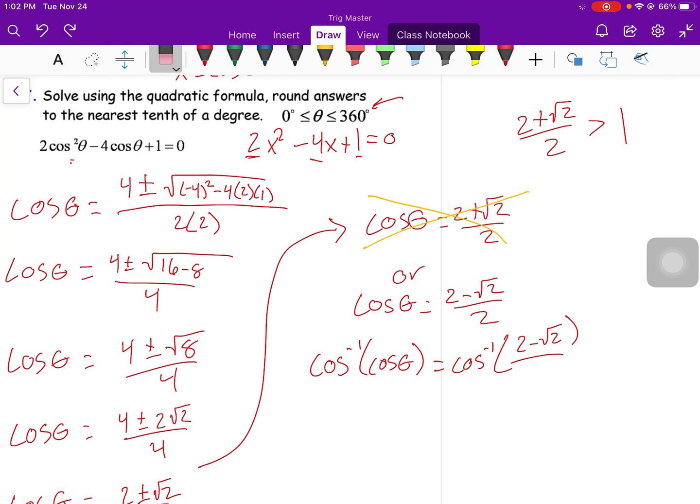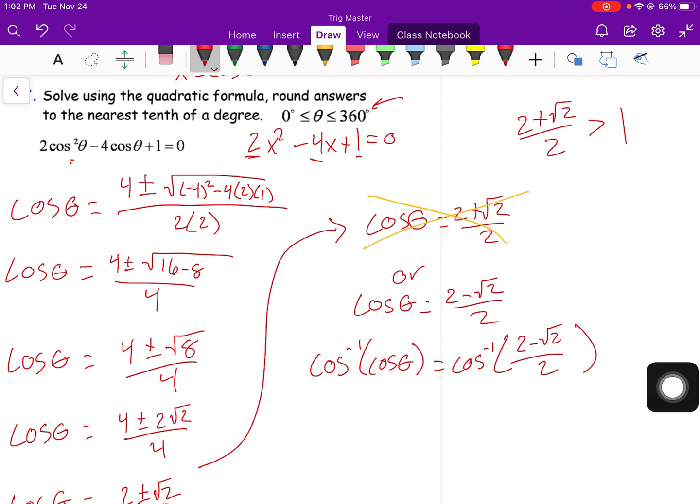You can plug that straight into your calculator, but you're going to have to be careful about it. So if I hit cosine inverse, I'm going to put an extra parenthesis, 2 minus square root of 2. Put a second parenthesis, so I know I have one set of parentheses already. Divide by 2 and close the initial parentheses. That's going to tell me an answer. Or what you can do is calculate what this thing is.